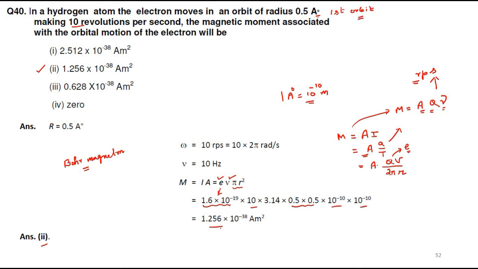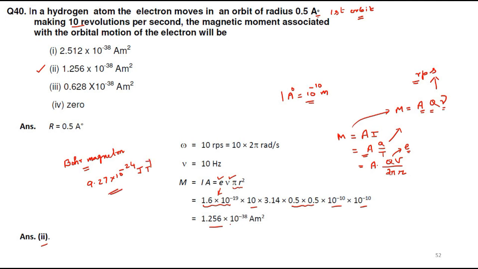So this is supposed to be one Bohr magneton by definition. What is one Bohr magneton? The magnetic moment of the hydrogen atom when the electron is in the first orbit, due to the orbital motion of the electron. Its value is actually 9.27 into 10 to the power of minus 24 joule per Tesla or ampere meter squared. Anything is okay.